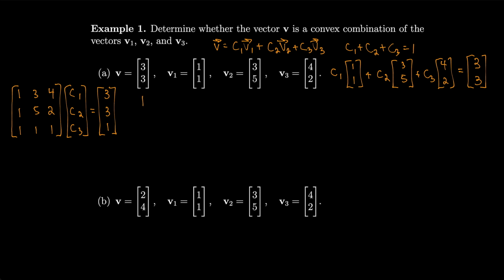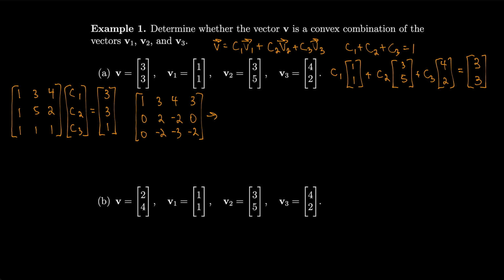So let's reduce the augmented matrix. The top row will be 1, 3, 4, 3. I can leave that because I have a leading 1, but underneath I want to get 0, so I'll subtract the top row from the other two rows, and I'll get 0, 2, minus 2, 0, and 0, minus 2, minus 3, minus 2. Okay, let's keep going. How about we get a leading 1 over here?